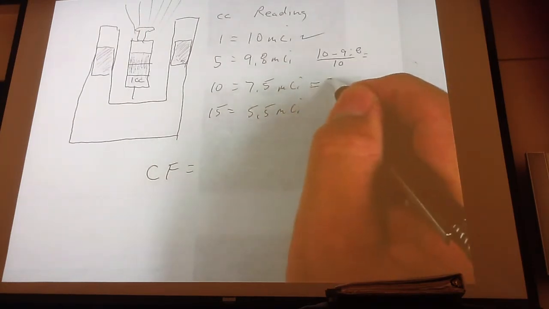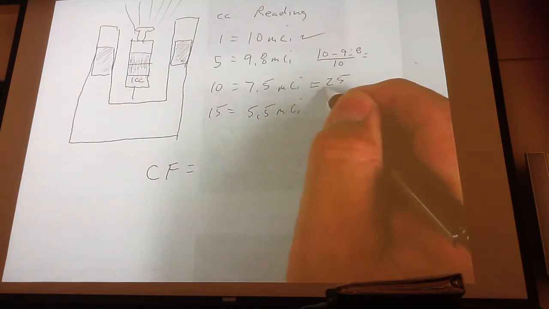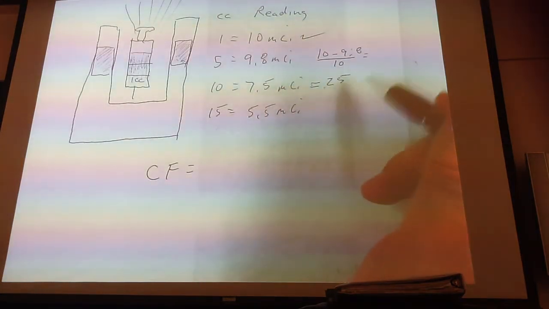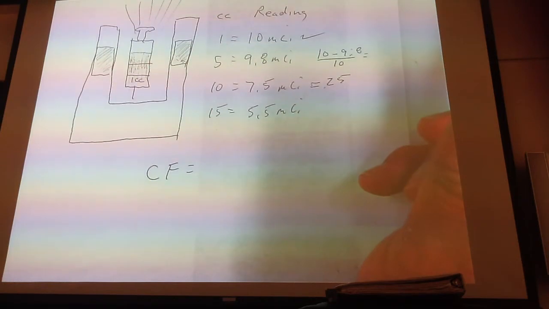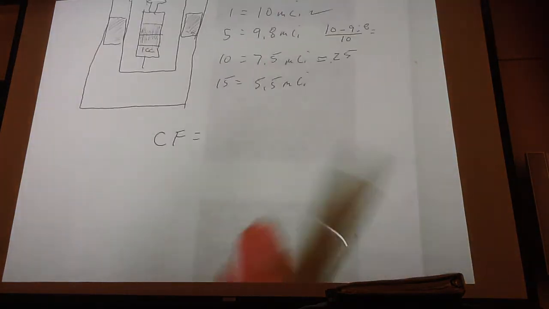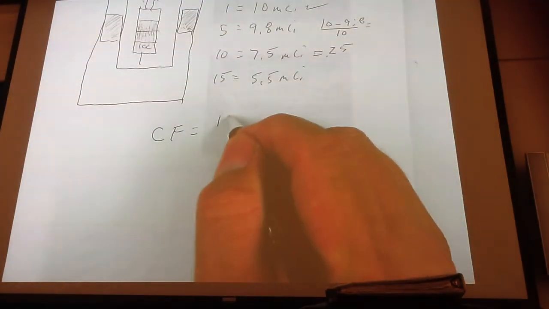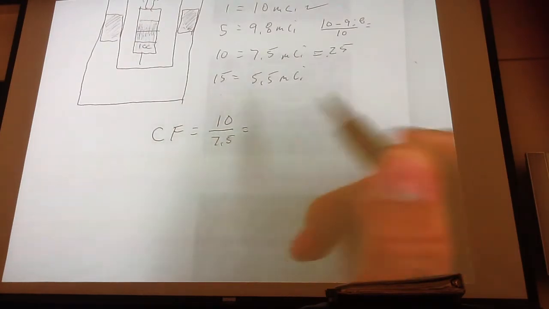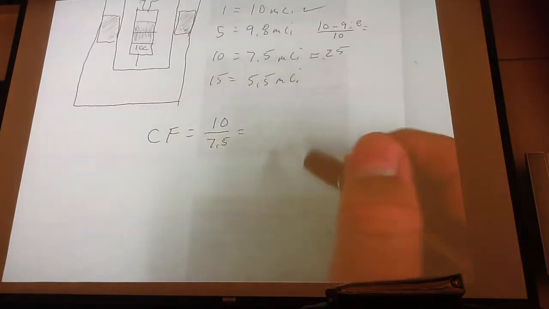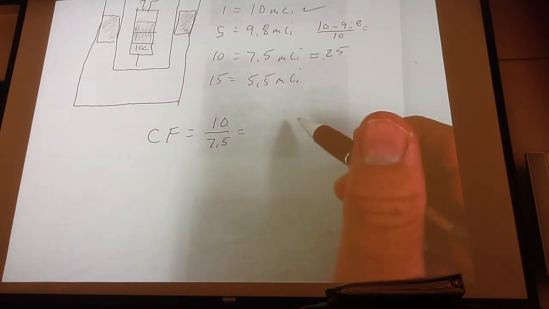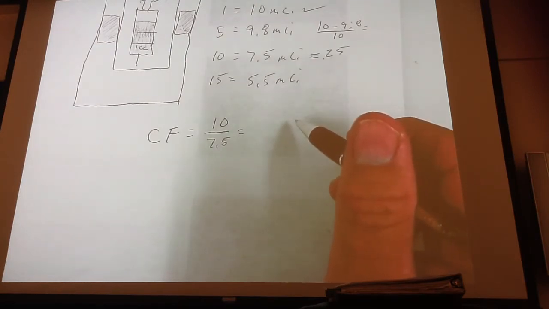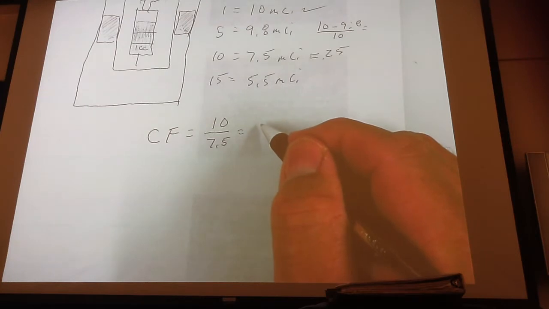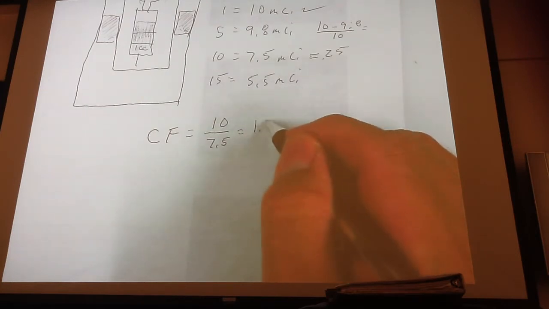So my correction factor is going to be 0.25, or what's it going to be? The best way to get the correction factor is your expected divided by the actual. So what's that going to be? 10 divided by that? 1.25? Okay, 1.3.